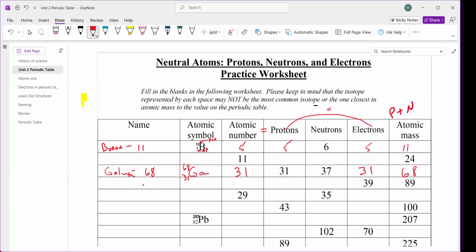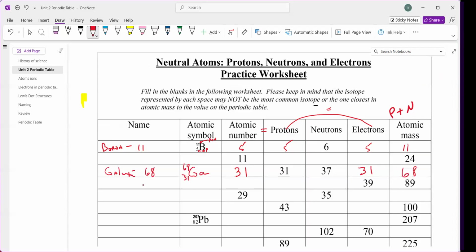Now I have an ion version of this as well. The only difference with the ion is there's a charge involved, because protons do not equal electrons. Okay? All right, so why don't we go ahead and work on this? I know some of you are whipping this out already.